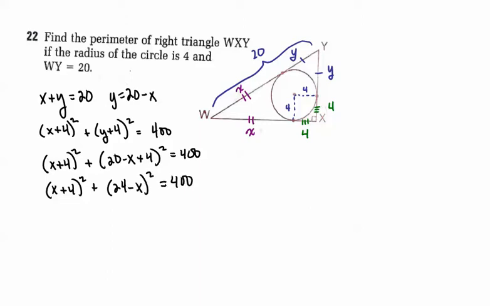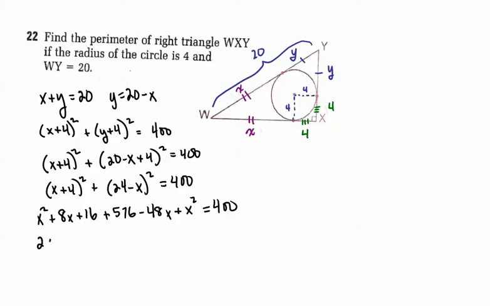So what we need to do at this point is to multiply everything out, and on the left side that would give us x squared plus 8x plus 16, and 24 squared is 576, and then 24 times negative x double is going to be negative 48x plus x squared is equal to 400. And we're going to combine things and bring everything to the same side.